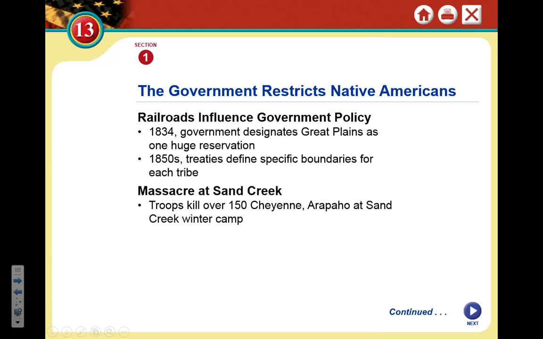The Army was on the side of the settlers. The Cheyenne, living in an area of the Colorado Territory known as Sand Creek, had attacked settlers. In response, the Army attacked and killed about 200 Cheyenne in an incident known as the Sand Creek Massacre.